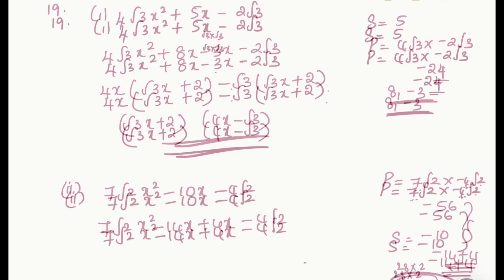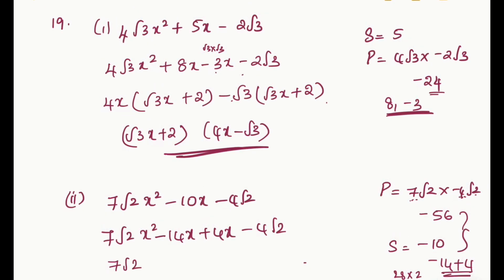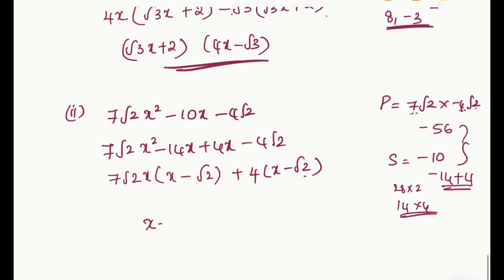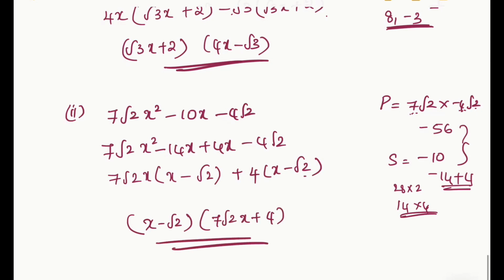Let me take out 7 root 2 x. So what is left out? x minus root 2. 7 root 2 x into root 2 will give me 14x. Plus 4 outside here, so I get x minus root 2. So x minus root 2 is taken out. I get 7 root 2 x plus 4.